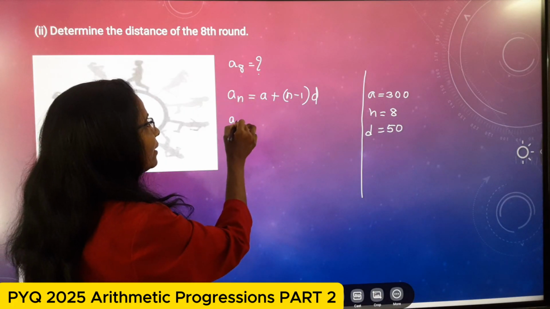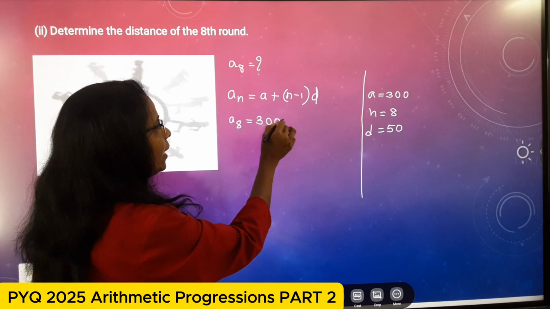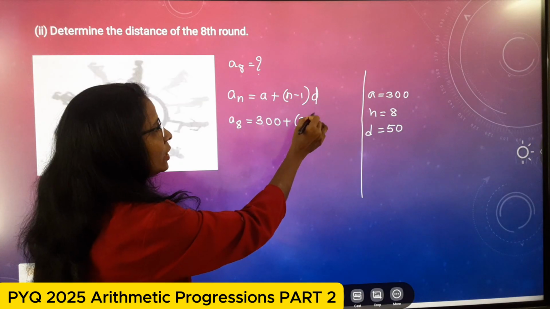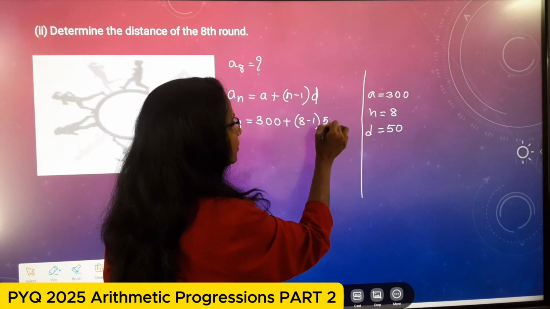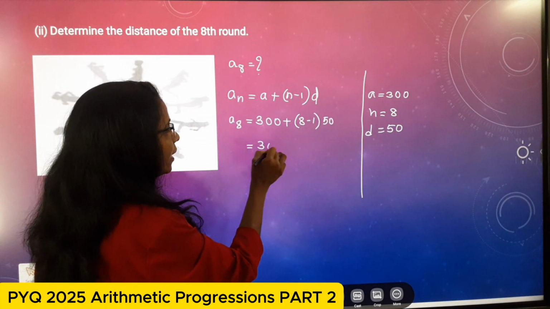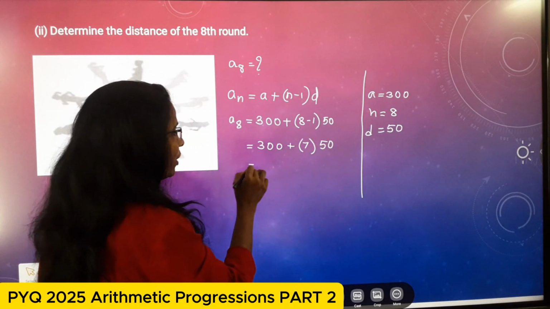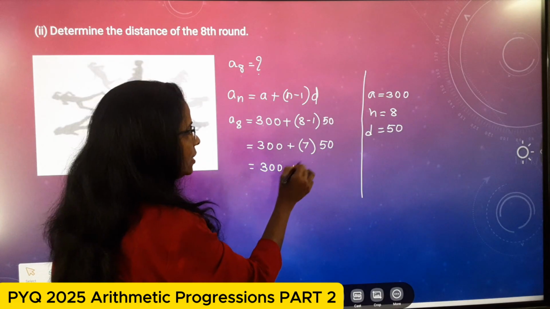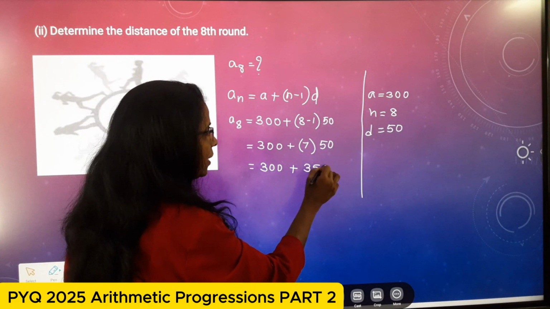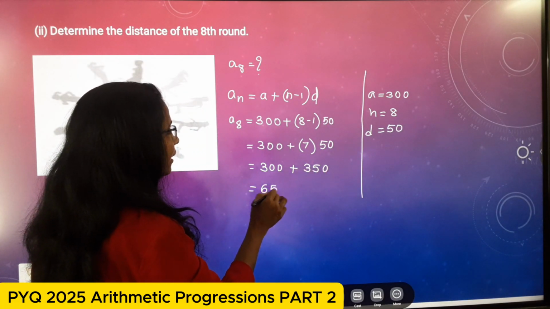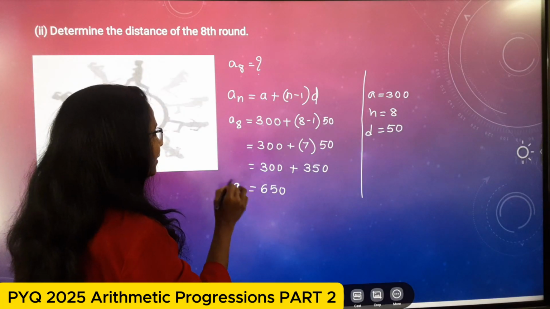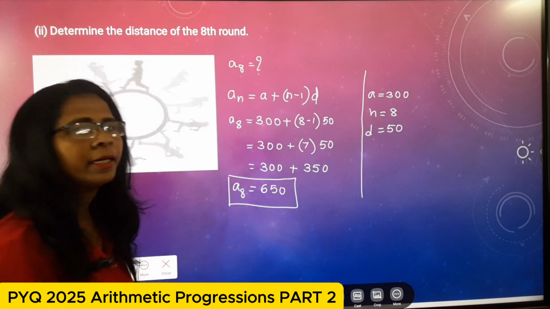So A8 is equal to 300 plus 8 minus 1 multiplied by 50, so 300 plus 7 multiplied by 50, so 300 plus 350, that means 650. So A8 is equal to 650.